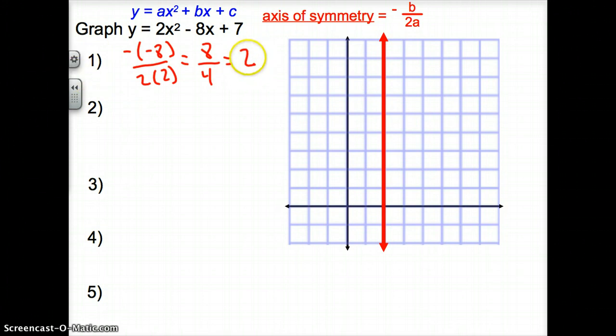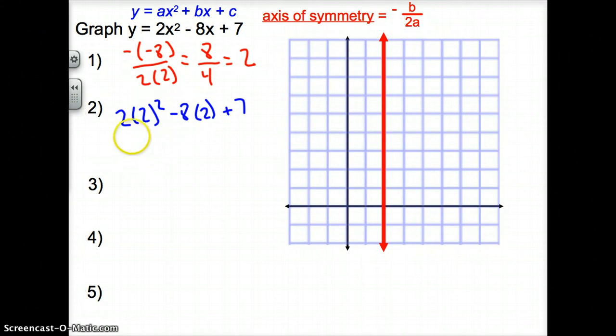Next, after you find your axis of symmetry, you have to plug this axis of symmetry, this 2, into our equation for x. So I'm going to plug it in, and it's going to look like 2 times 2, our axis of symmetry, squared, minus 8 times 2 plus 7.